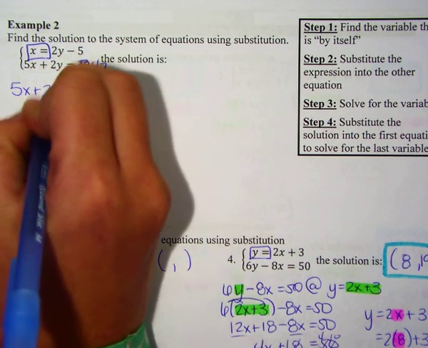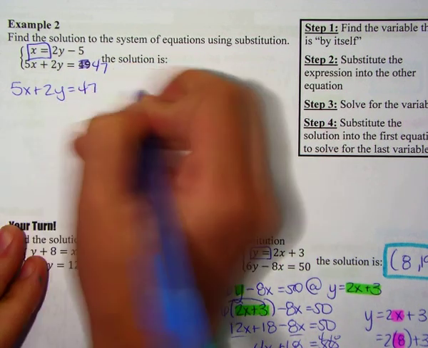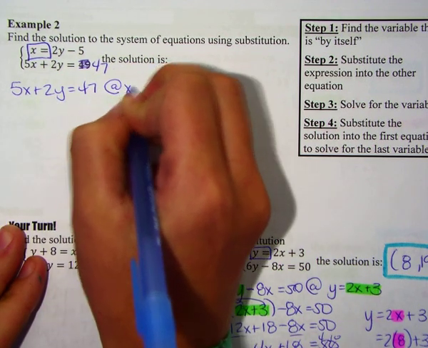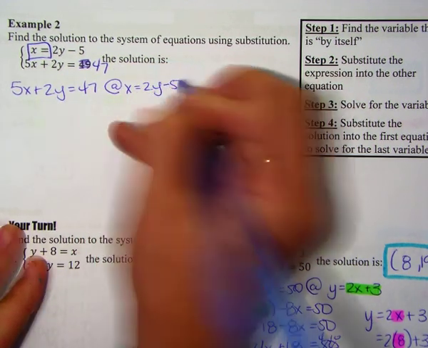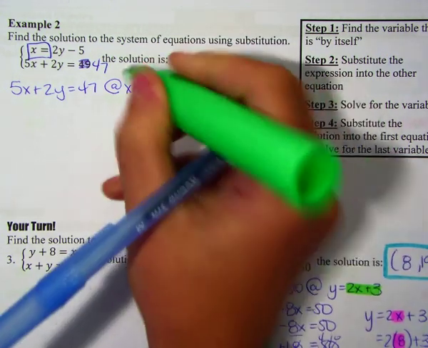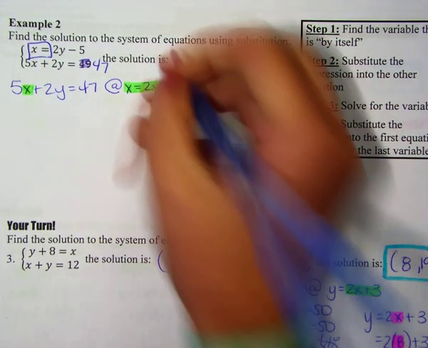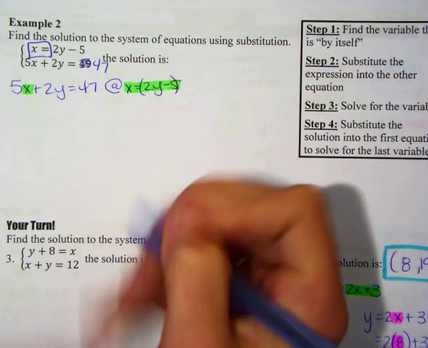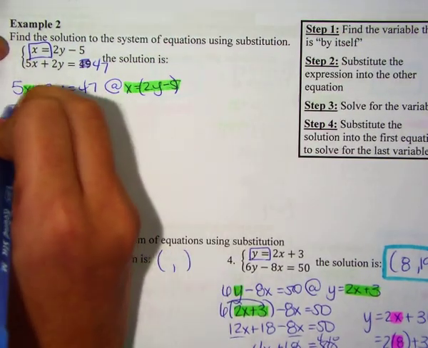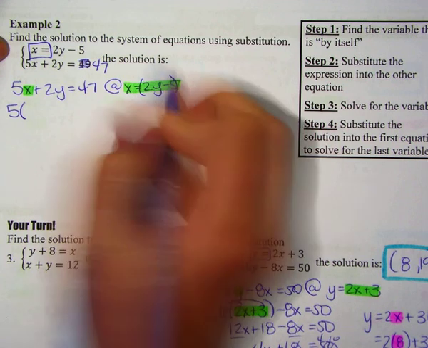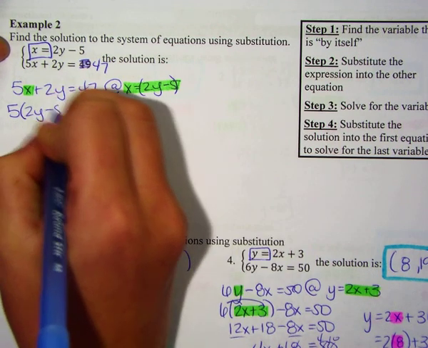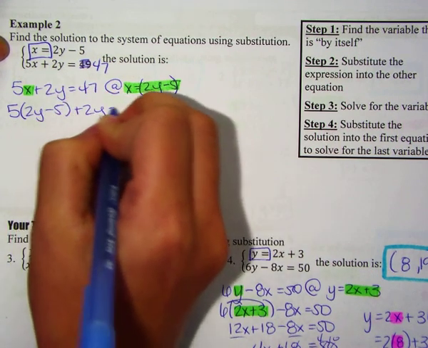So 5x plus 2y equals 47 will be solved at x equals 2y minus 5. Everywhere that I see an x, I'm going to substitute in 2y minus 5 using parentheses. So this will be 5 parentheses 2y minus 5 plus 2y equals 47.